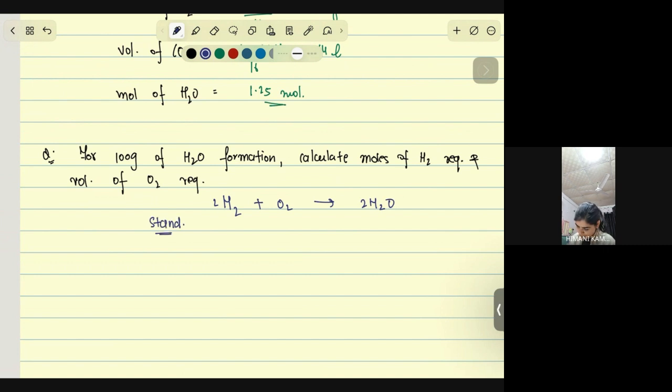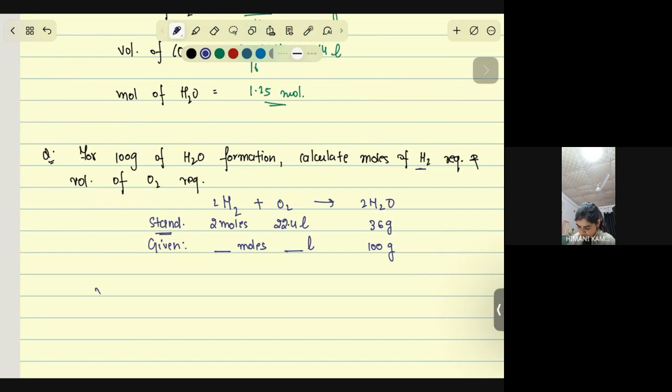What is asked: moles of H2 and volume of O2, and the given is 100 grams of H2O. The standard will be 2 moles, 22.4 liters, and 36 gram.